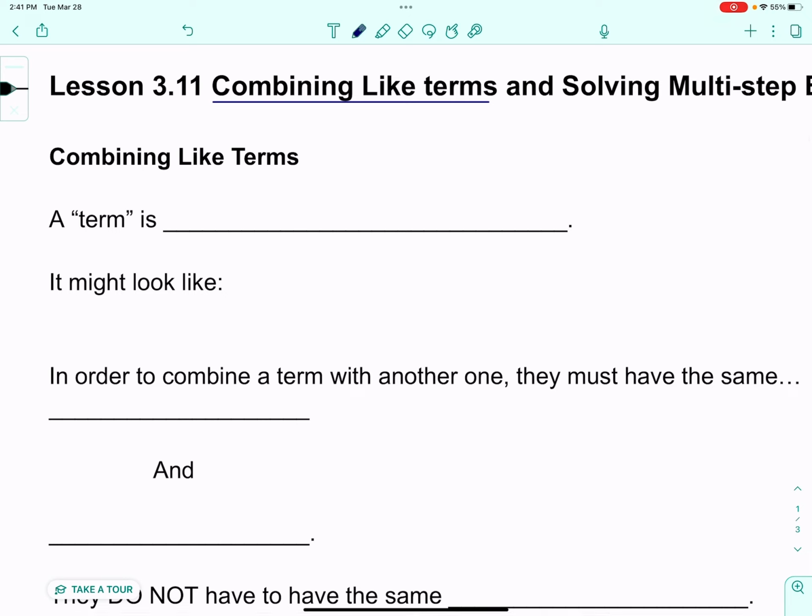Remember that a term is like one chunk or a piece of an algebraic expression.